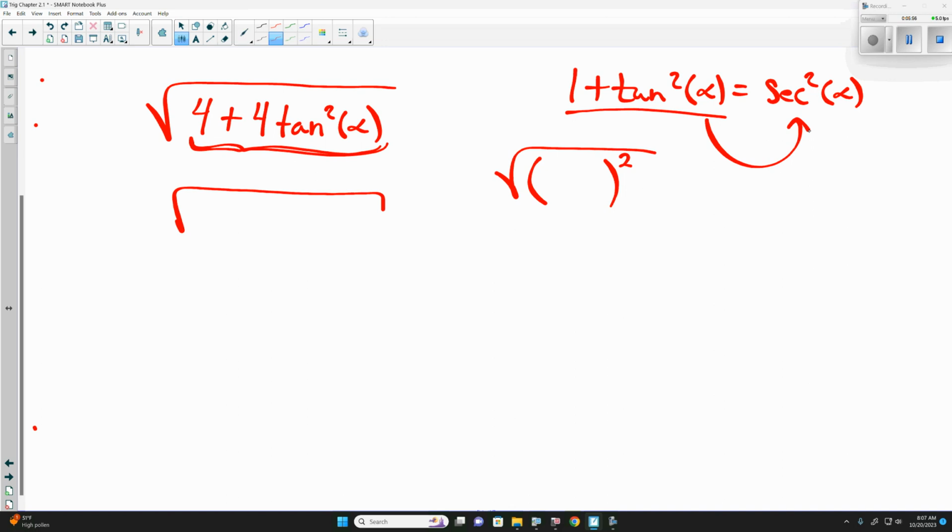Because if I can do that, then it's going to make everything easier. Well, what's in common with the 4 and 4 tangent squared? The 4, yes? So we can factor it out of both terms, leaving us with 1 plus tangent squared of alpha.